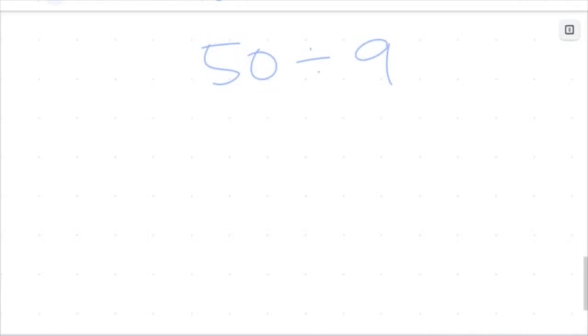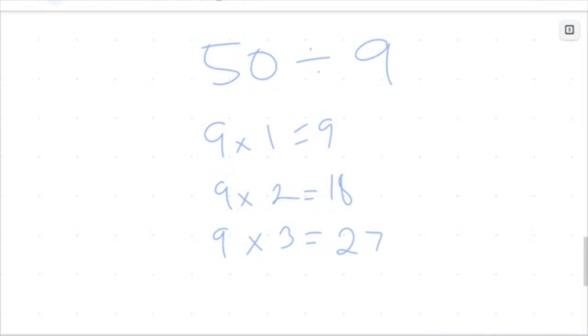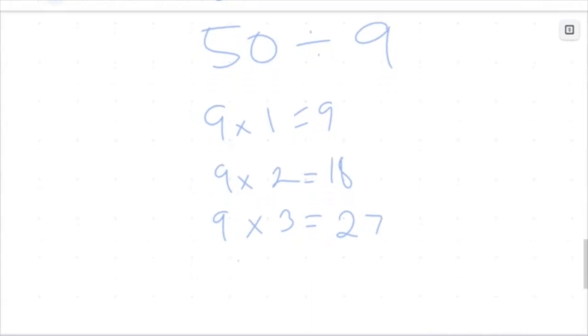So thinking about our 9 times tables, 9 multiplies by a certain amount of groups to get me somewhere close to 50, but not exactly that. If you think of your 9 times tables, we have 9 times 1 equals 9, 9 times 2 equals 18, 9 times 3, and a lot of this comes down to you remembering your times tables, which is going to be pretty important all across school. So I would encourage you, if you don't know them so far, to have a go at them.